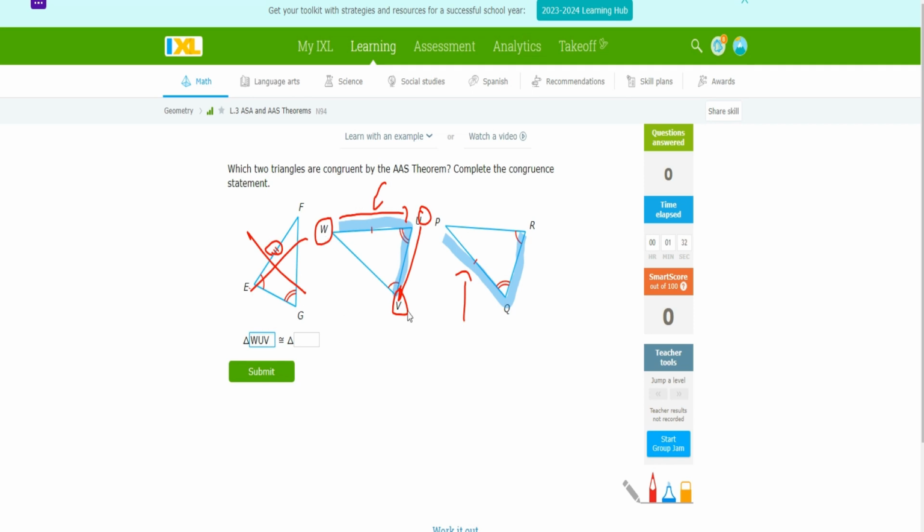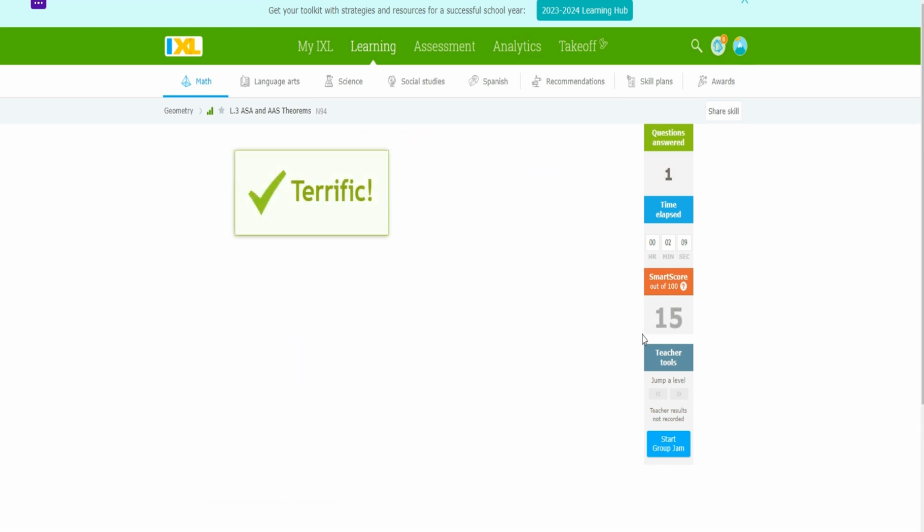So W U V, then P Q R. Sorry about that, y'all. I'm following that path: the 1 tick mark, then those arcs here. Hopefully that makes sense.